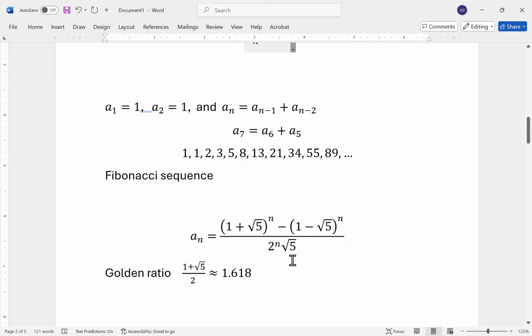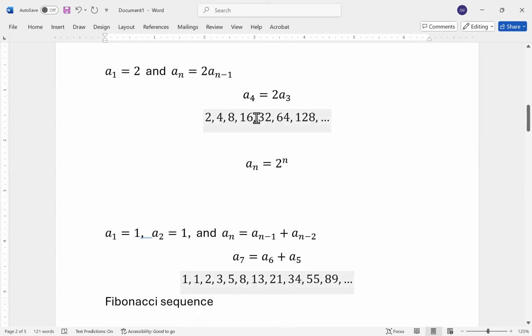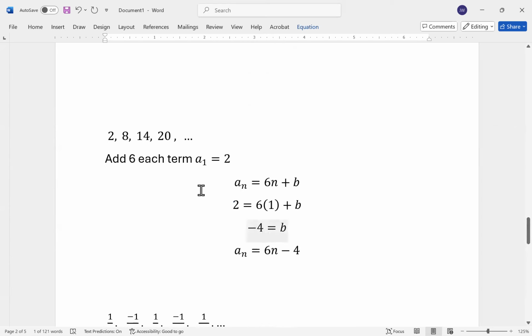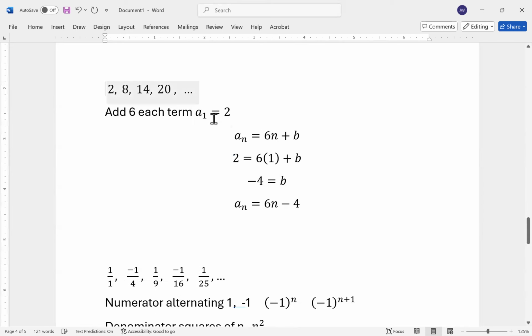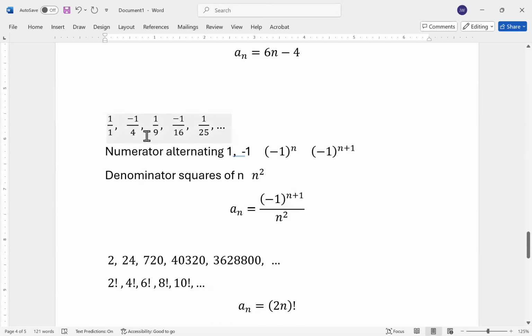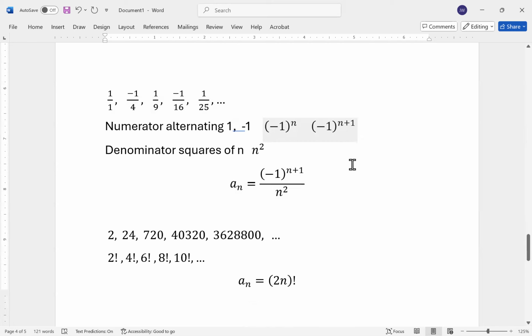But now, obviously, you're not going to be coming up with that formula for a sequence like this, but for a sequence like this one, you could absolutely come up with 2 to the nth power. And for the ones that we had just done, obviously, we can come up with the closed formulas for adding 6 to each term, or squaring pieces, squaring n's, alternating between -1 and +1, depending on whether we start with a -1 or if we start with a +1.